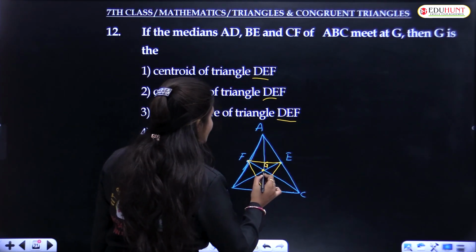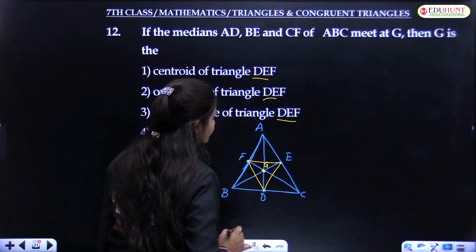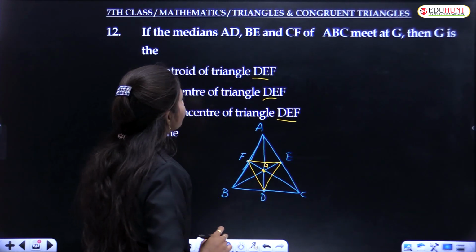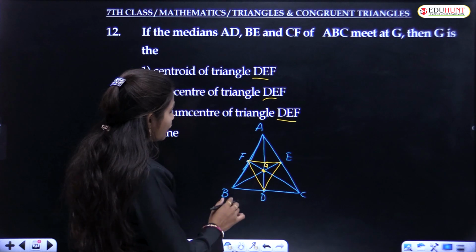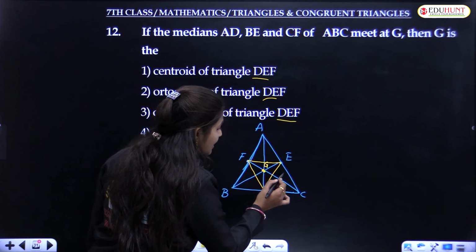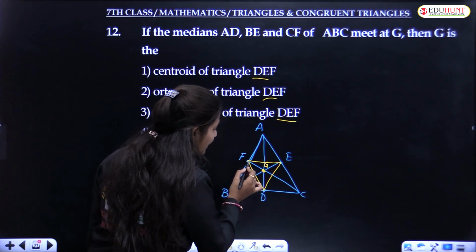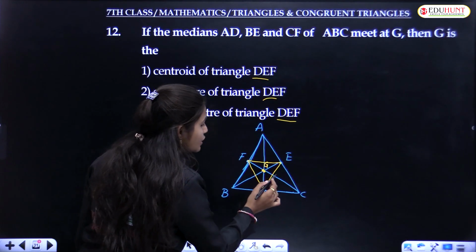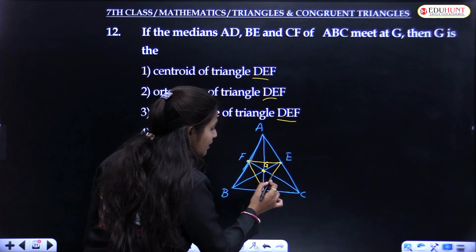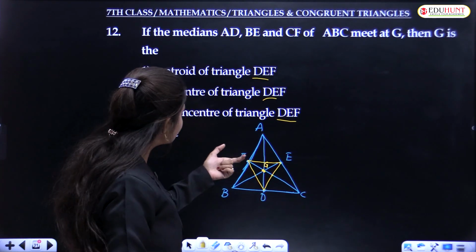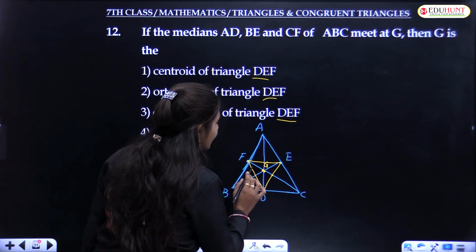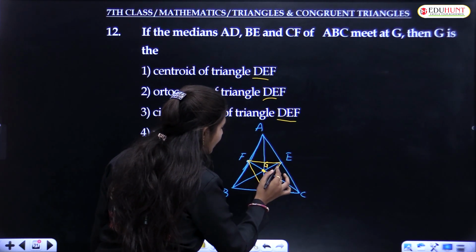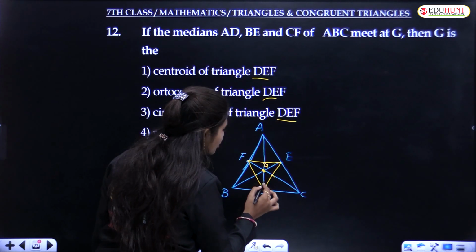Let us see what they are asking: then G is the. When you observe this, this is the midpoint; it cuts the midpoint of AB, so it passes exactly through the median and exactly bisects. So we can say that these three lines are also medians.